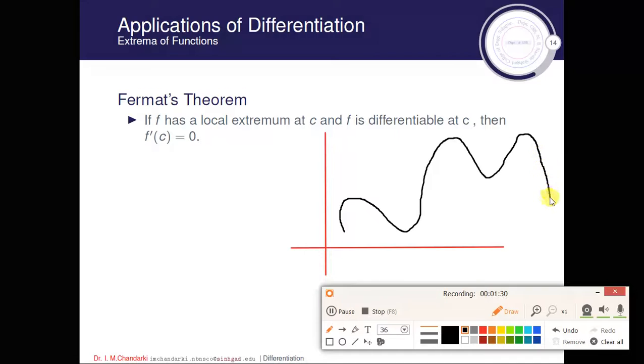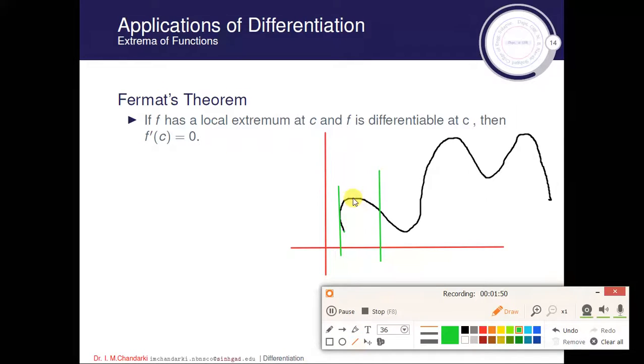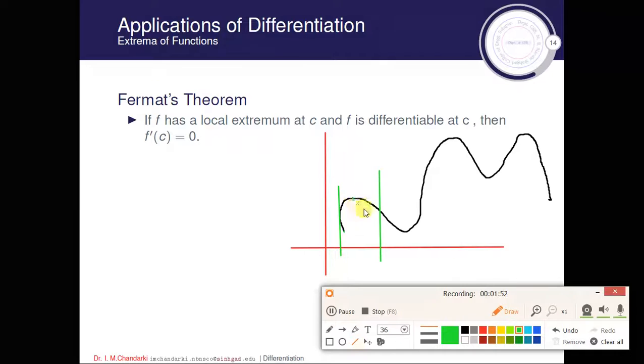So I can say that in this interval, this function has this as a minima and that as a maxima. So that is a local maxima and local minima.